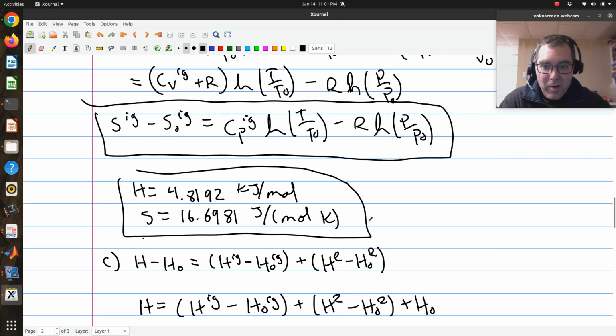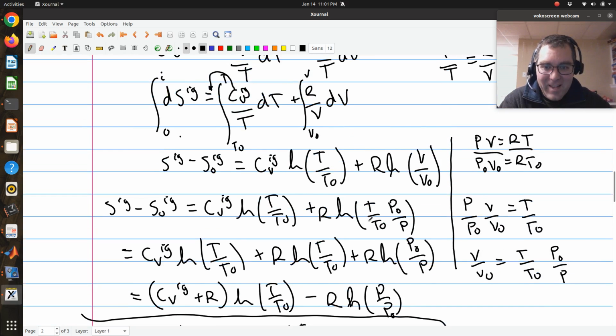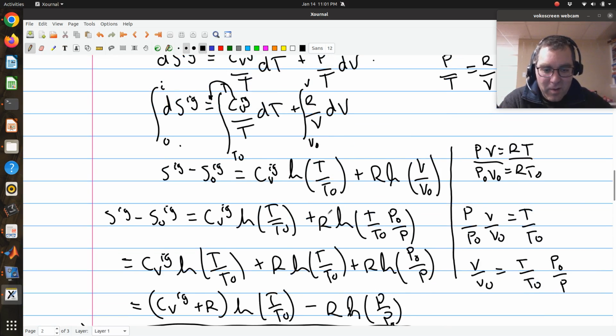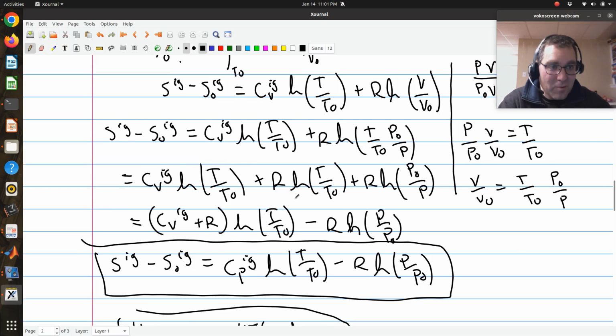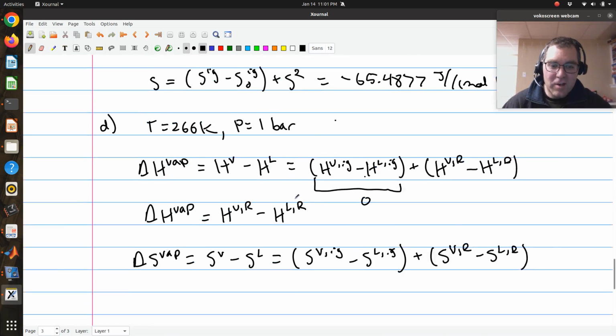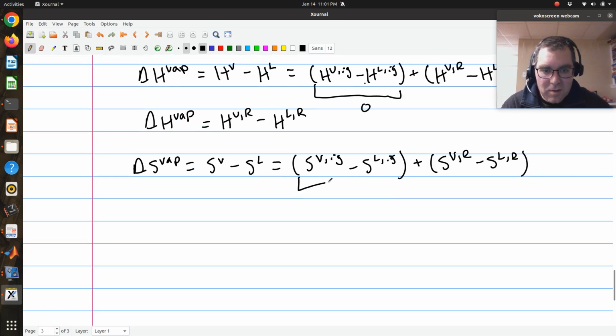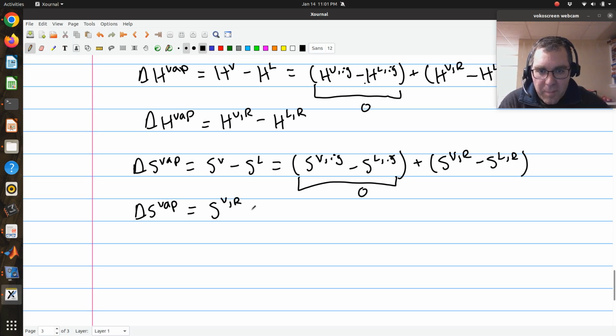If I go back to my general equation for delta S of an ideal gas, it's this big long equation, but the two states are at the same temperature and pressure. So even though entropy of an ideal gas is a function of temperature and pressure, the two states are at the same temperature and pressure, so that ideal gas contribution will be 0. I'm left with delta S of vaporization equal to the residual entropy of my vapor minus the residual entropy of my liquid.